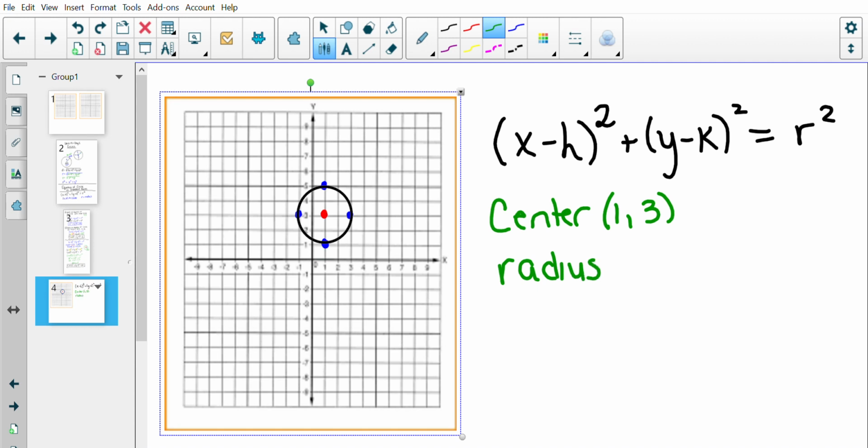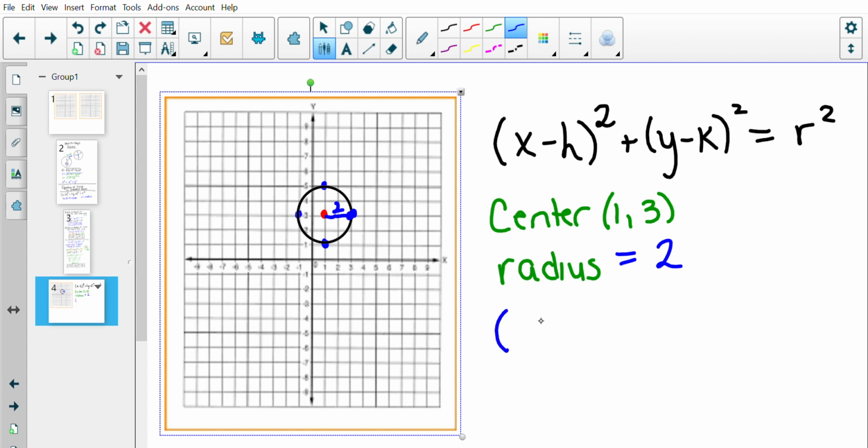you can use the distance formula to find the radius, or you could just look at the graph and count, right? The radius is the distance from the center to the rim of the circle. So from our red little dot here to the rim, our horizontal change, we're moving 2 units. So that means our radius is 2 units long. So we know our center is 1, 3, and our radius is 2.